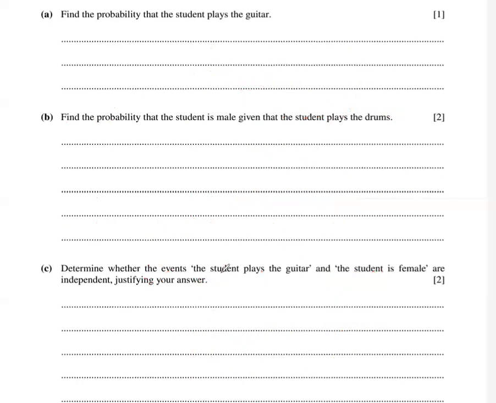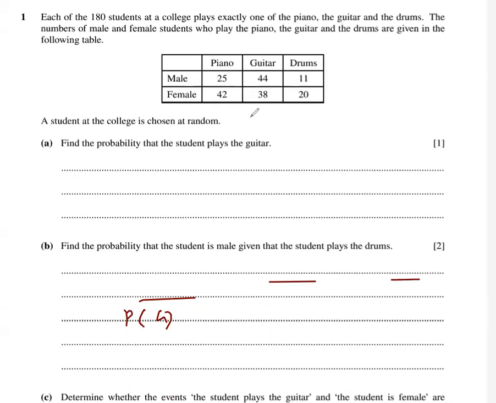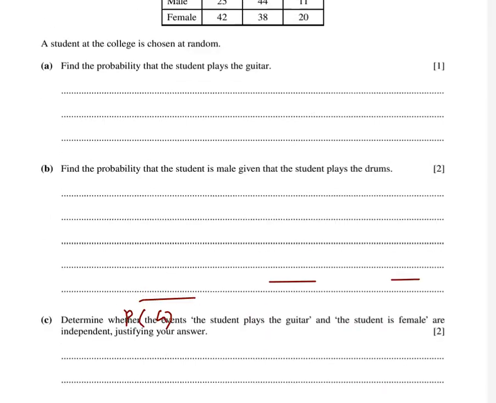Next thing, determine whether the events the student plays guitar and the student is female are independent. Justify your answer. For these two, first we look at P of guitar, which is 82, and the total females is 100.